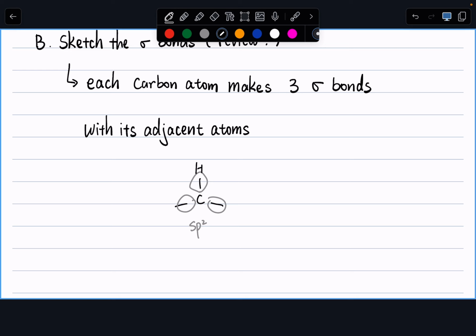One of them makes a bond with the hydrogen, and the other 2 make sigma bonds with the other 2 carbons, which are also sp2 hybridized.